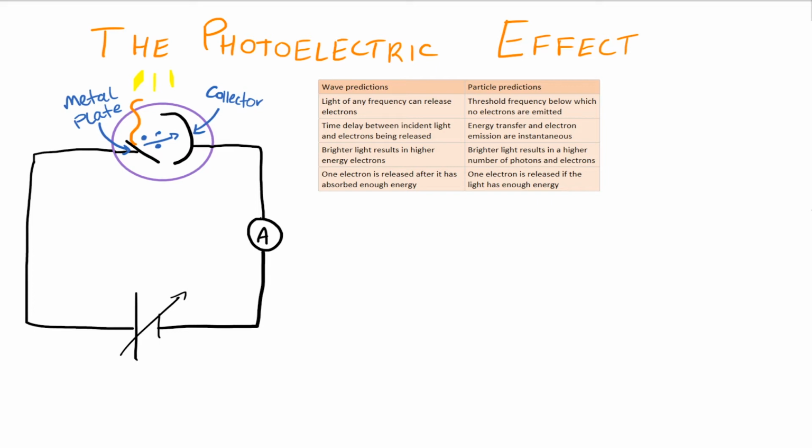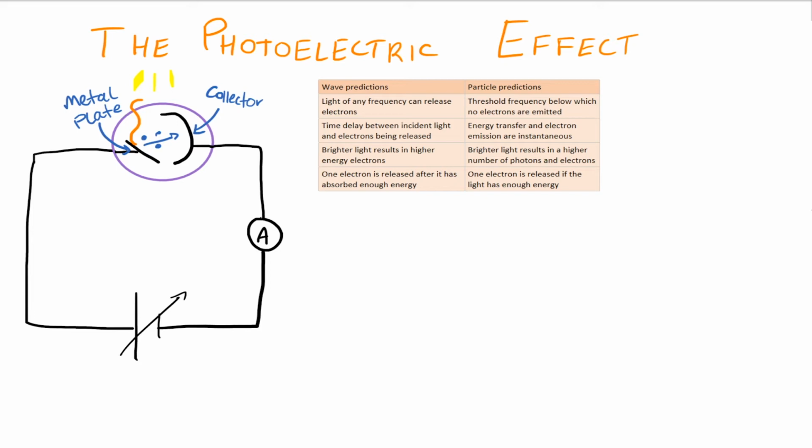So instead, what happened was there was something called a threshold frequency, or a minimum frequency, below which no electrons were emitted to continue the circuit. The energy transfer and the electron emission were instantaneous, so there was no time delay observed between the light being switched on and current flowing through the ammeter.